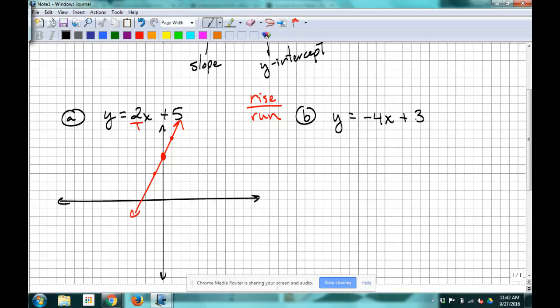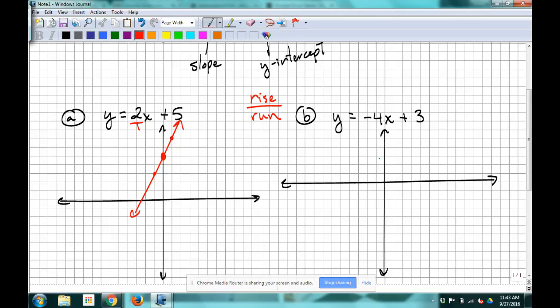Negative y equals negative 4x plus 3. Is that in slope-intercept form? Yes. What's the y-intercept? 3. What's the slope? Negative 4. So that's coming straight from that problem. I'm going to put my y-intercept at 3.